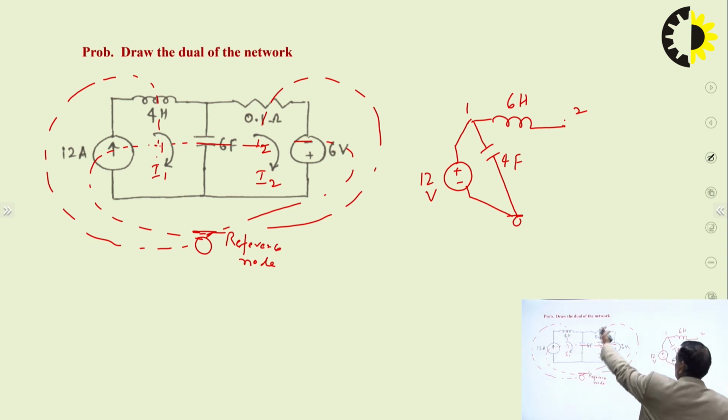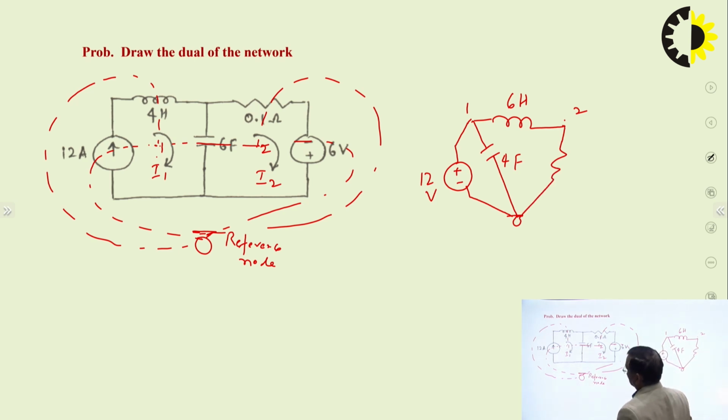Now from 2 to reference we have a resistor, so in the dual it will be a conductance, and it has resistance of 0.1, so it is 0.1 mho, or we can say 10 ohm, both are the same. In mho it will be 0.1, and in terms of ohm it will be 10.